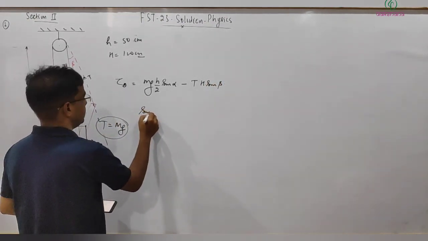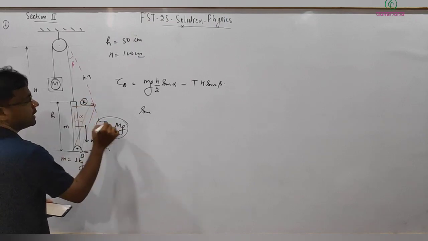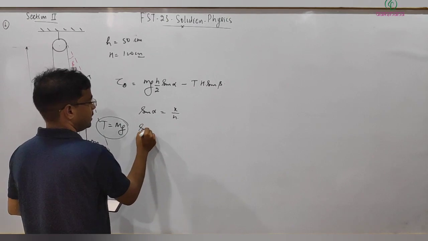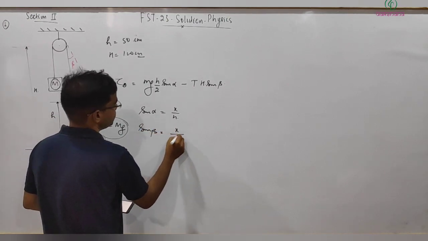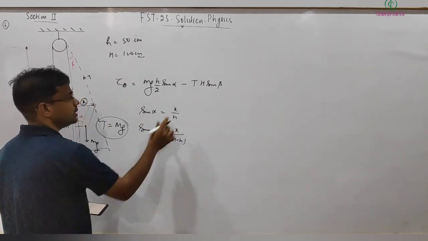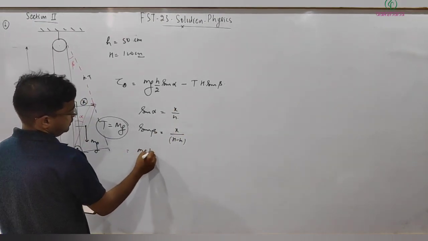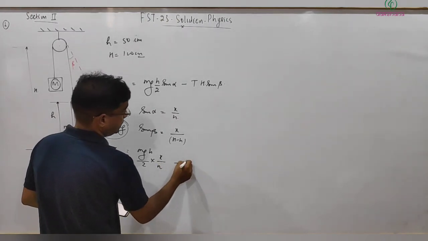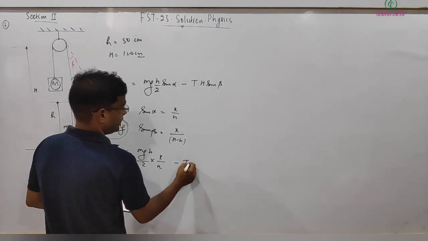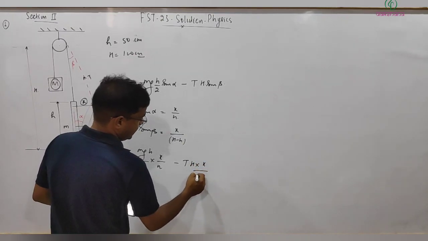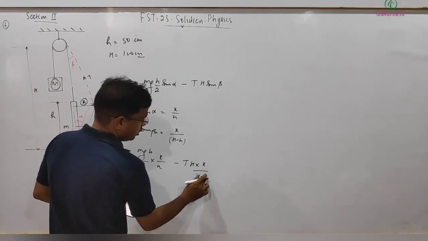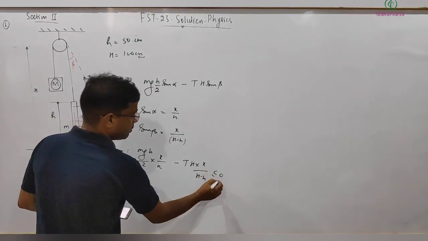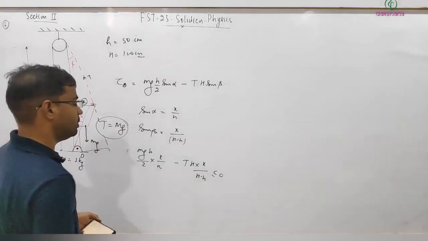If I take this distance as x, then sine alpha is x by h, and sine beta is x by capital H minus small h. Substituting these values, mg h by 2 into x by h, minus T into capital H into x by capital H minus small h, and this should be less than or equal to 0.